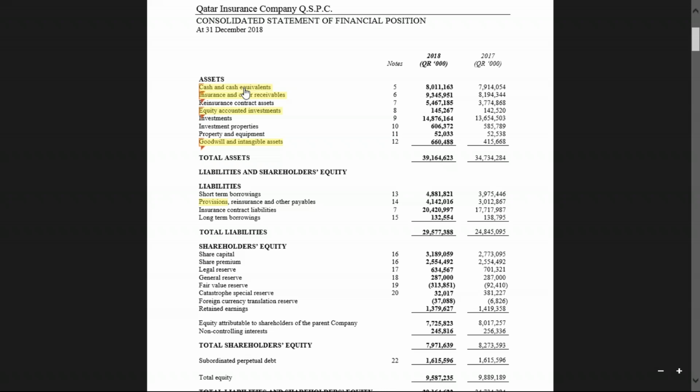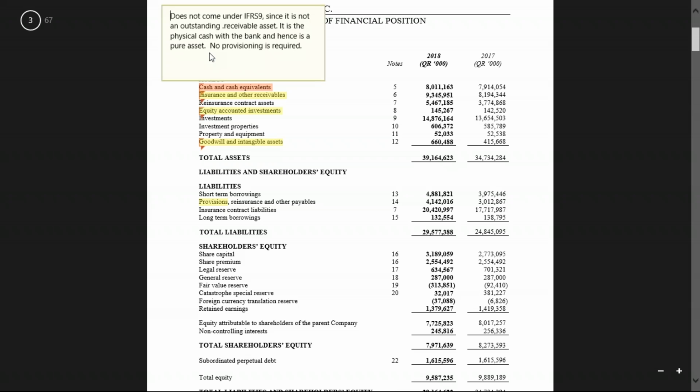Cash and cash equivalents are not required to be considered under IFRS 9. Even if they come under IFRS 9, I would evaluate them at amortized cost, but the impairment impact is marginal or negligible, because cash is not an outstanding receivable asset and does not carry this risk. Hence, provisioning is not required on cash, and even if you calculate it, the impact is very negligible.